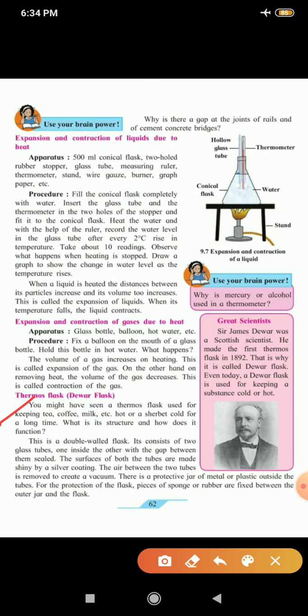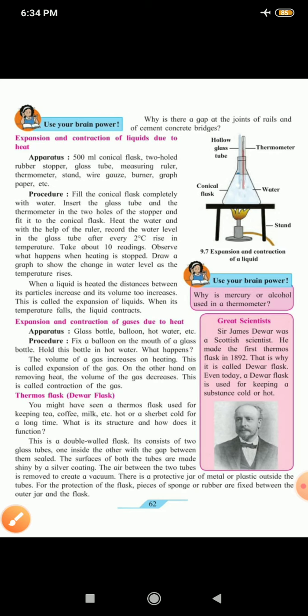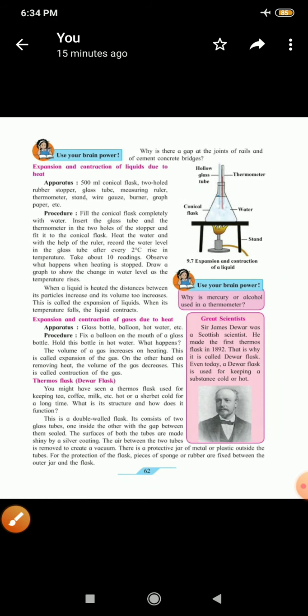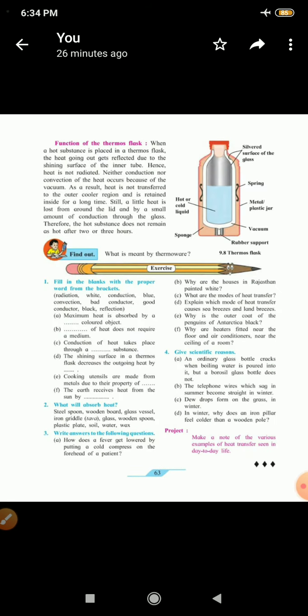There is a protective jar of metal or plastic outside the tubes. For the protection of the flask, pieces of sponge or rubber are fixed between the outer jar and the flask. Now let us go to the next page and understand more about the functions of the thermos flask.